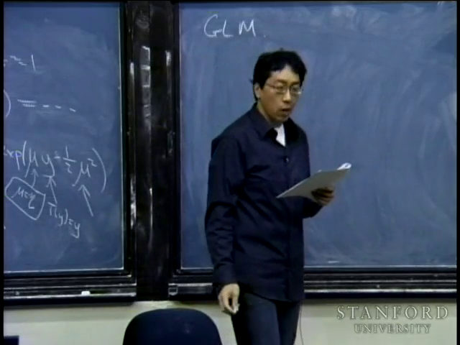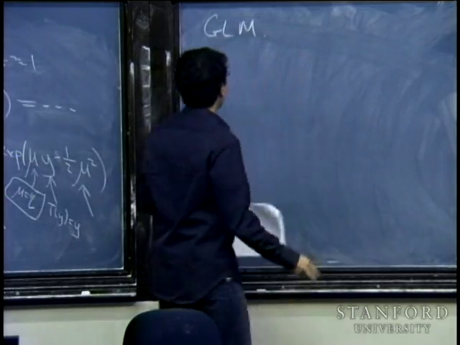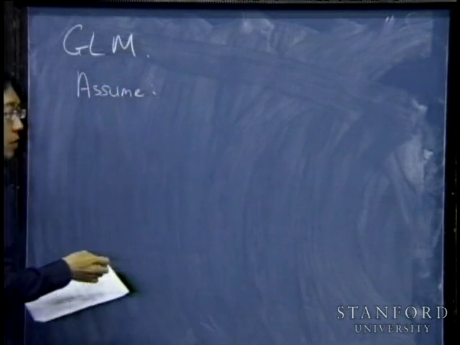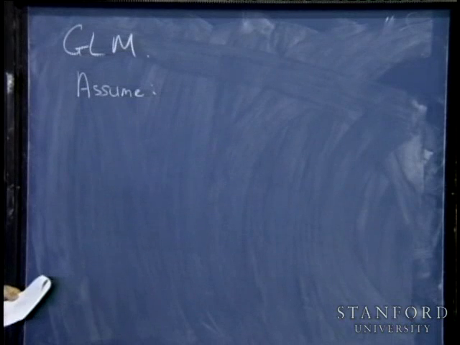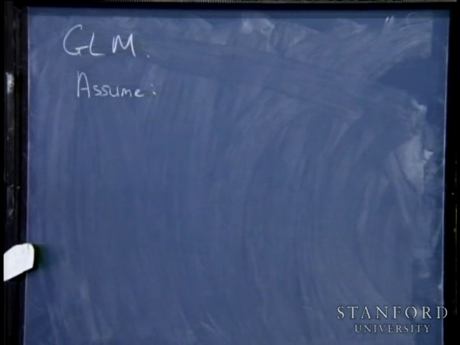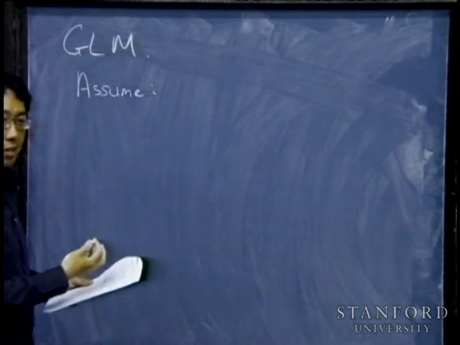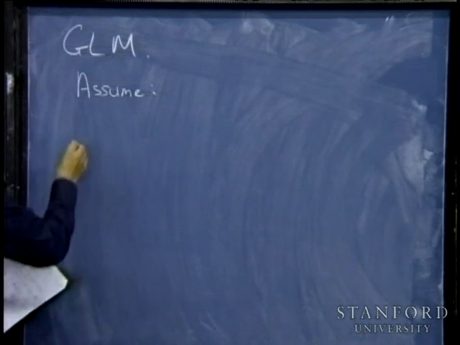Generalized linear models are often abbreviated GLMs. I'm going to write down the 3 assumptions. You can think of them as design choices that will then allow me to sort of turn a crank and come up with a generalized linear model.